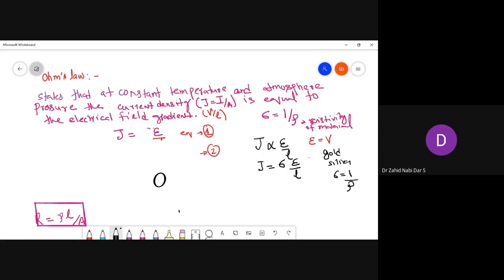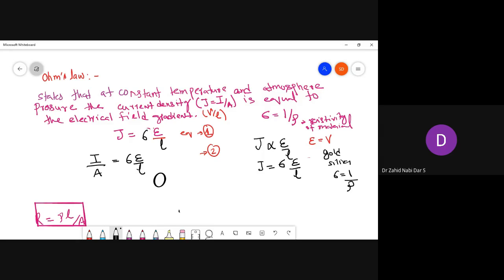So now you can see this is sigma E by L. This is equation 1, and from this particular equation you will write current density J is equal to I by A, is equal to sigma E by L, equation 2.